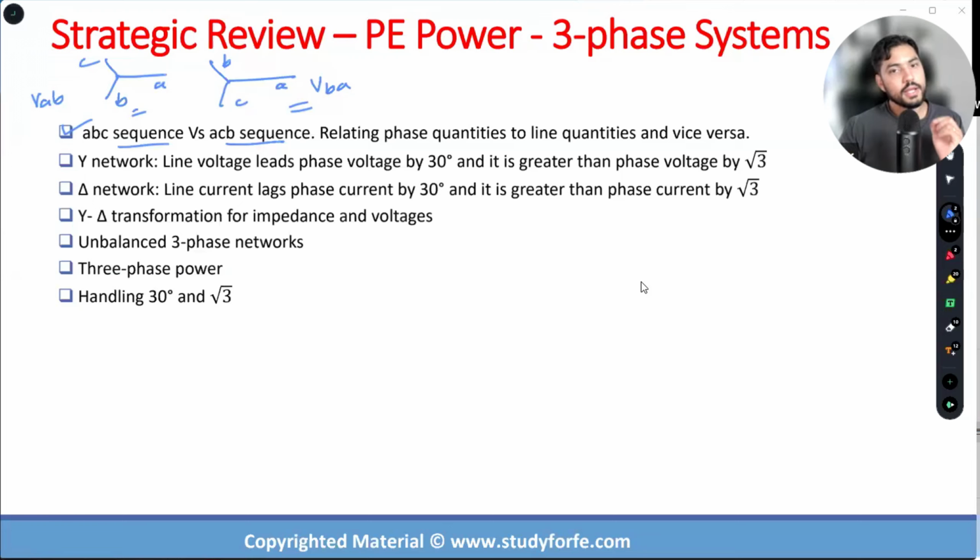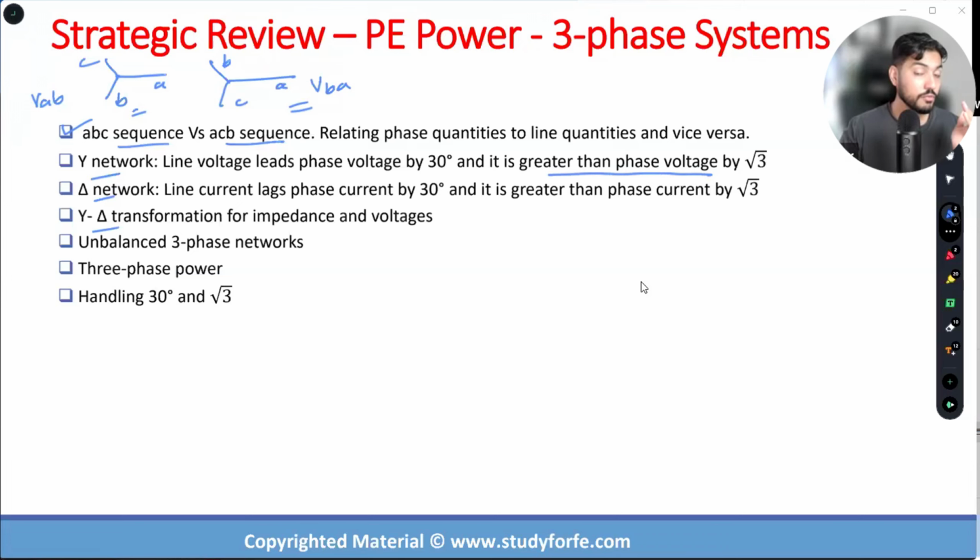Then the big topic within three-phase systems that you must understand is the working of a Y network, a delta network, and the delta-Y transformation. As far as a Y network is concerned, if you look at the reference handbook, page 3.1.1, they have a very nice summary. They're telling you that the line voltage is greater than the phase voltage by square root 3, and the line current is equal to the phase current.